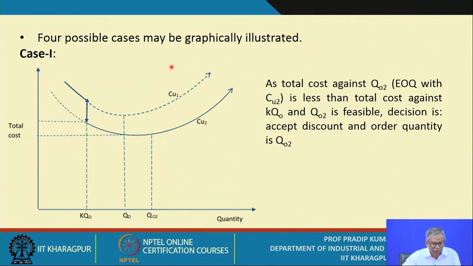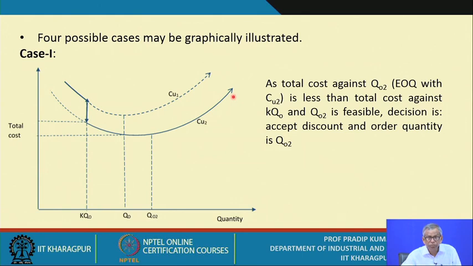So what is case 1? Case 1 is just you have the total cost curve. So the total cost curve with CU1, CU1 is without discount. Whereas if you opt for the discount with the unit price CU2, then the total cost curve is this.